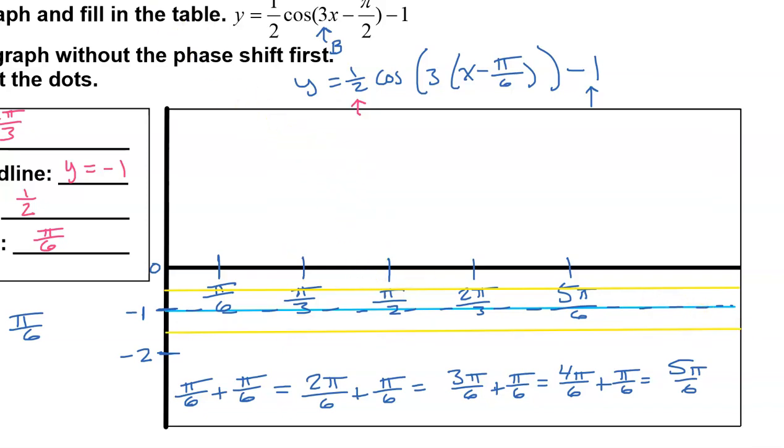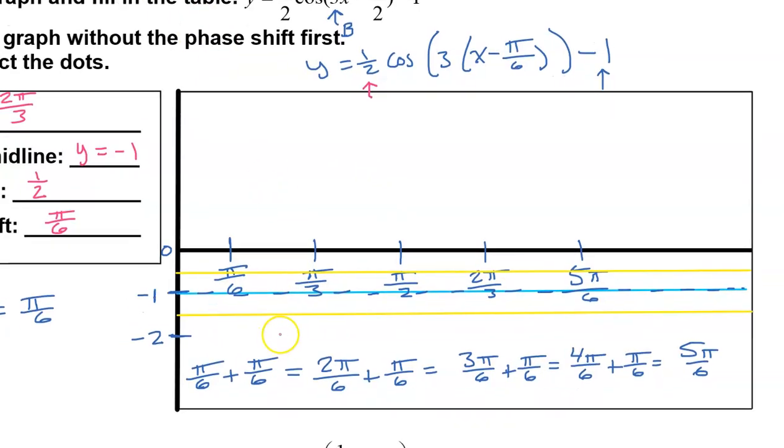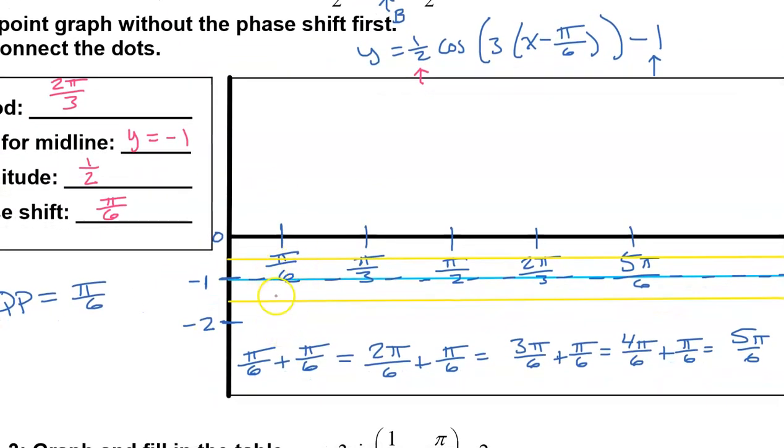We have learned that the cosine function always starts at its highest point. So we begin at the phase shift of pi over 6, but the cosine function will begin at a high. So I'm 1/2 of a unit above the midline.